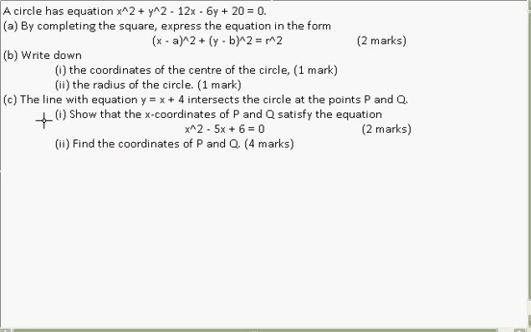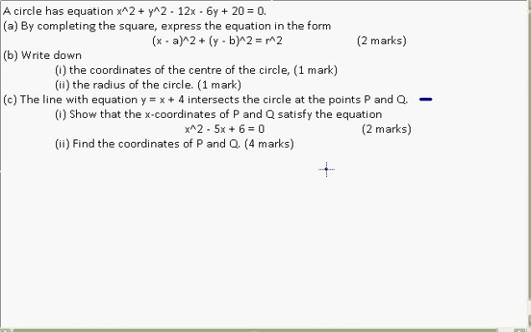Now, the next part of the question. Okay, so we're now on to part C. We're given that a line with equation y is equal to x plus 4 intersects the circle at the points P and Q. And we need to show that the x-coordinates of P and Q satisfy the equation x squared minus 5x plus 6 is 0.